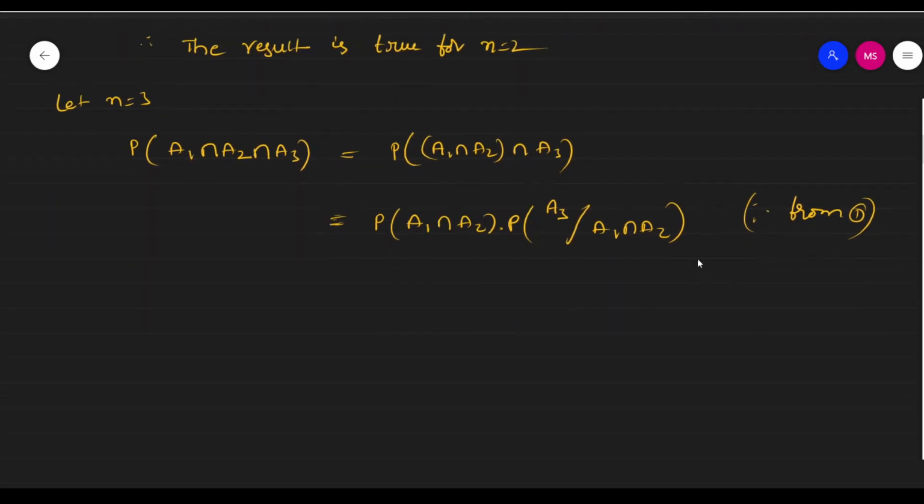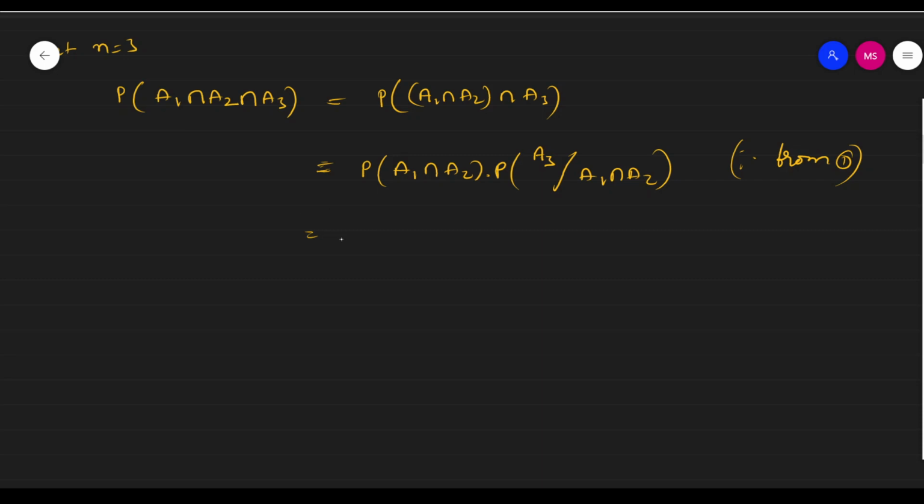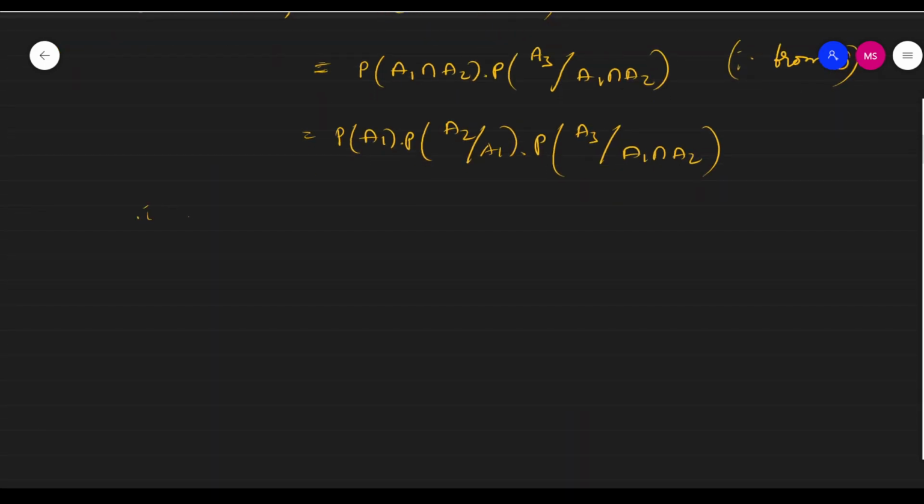Now, using equation 1 again, this is P of A1 into P of A2 given A1, and the third one is P of A3 given A1 intersection A2. Therefore the result is true for n equal to 3 also.